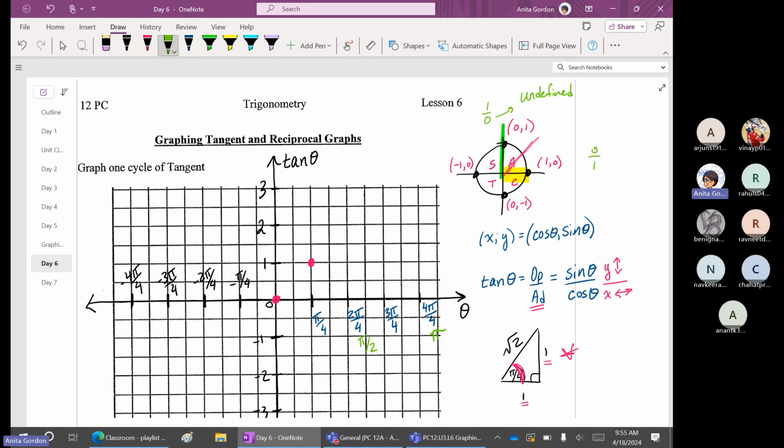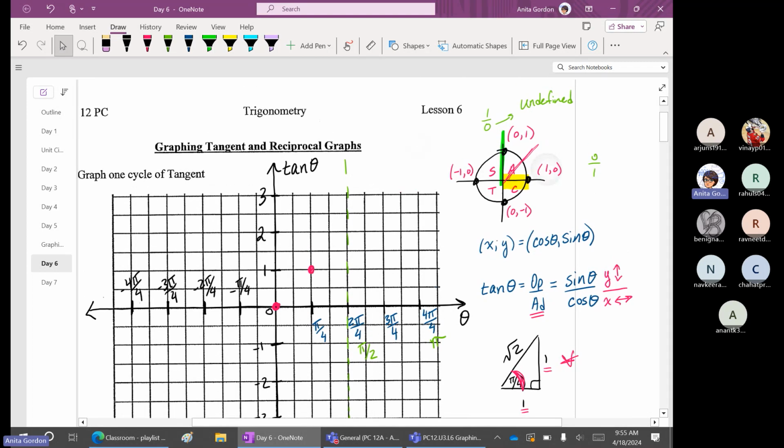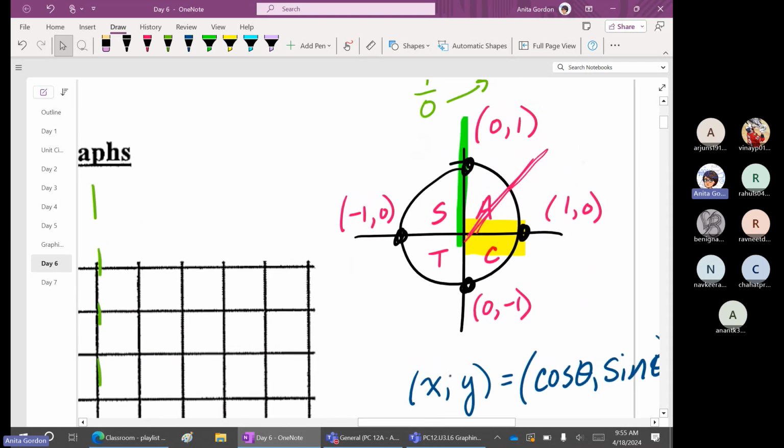So where's pi by 2? Right here. So we have a vertical asymptote. We can be slightly to the left or slightly to the right.